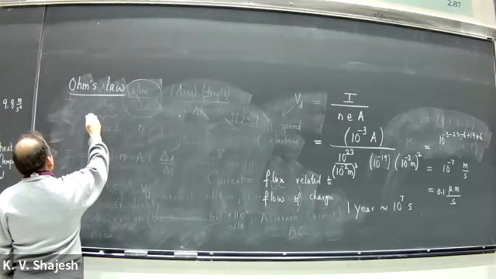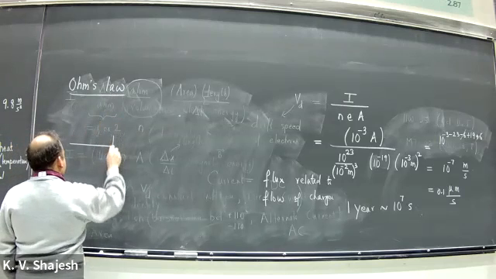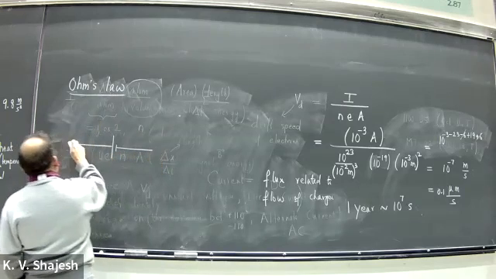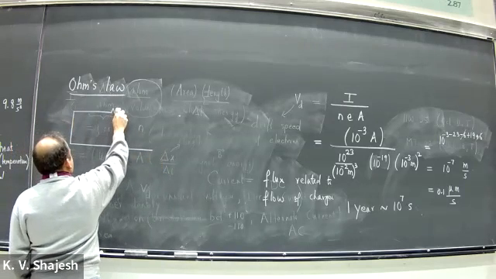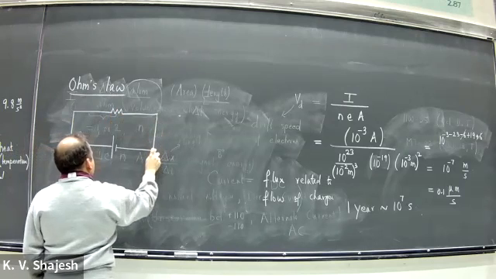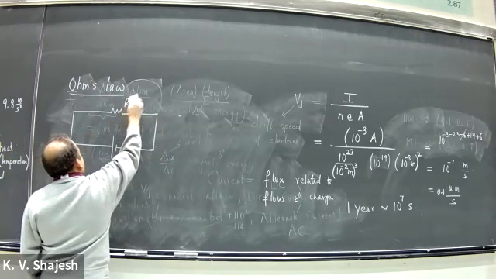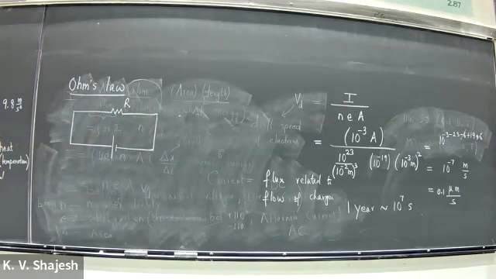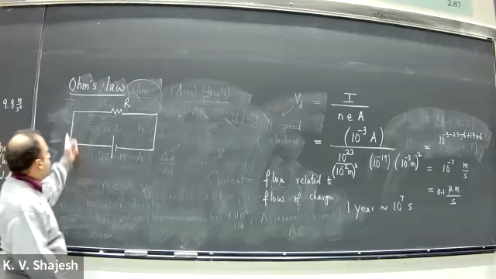So you would like to ask, if you have a battery B and you have a device which is represented by the resistor R. So you connect this, and what happens is that charges start moving.